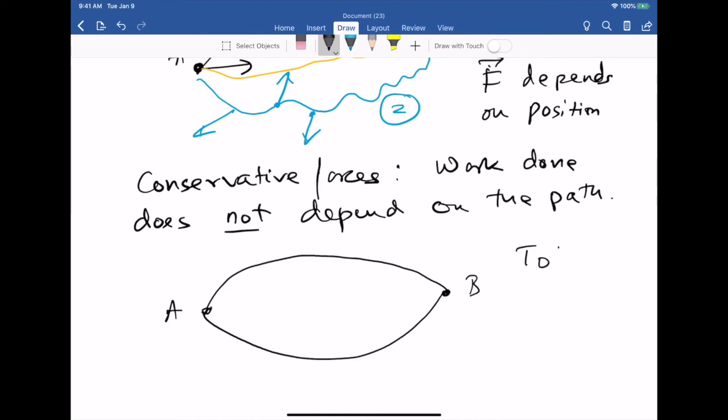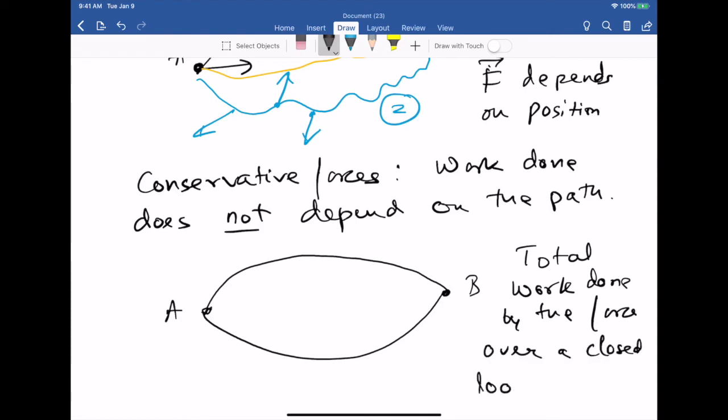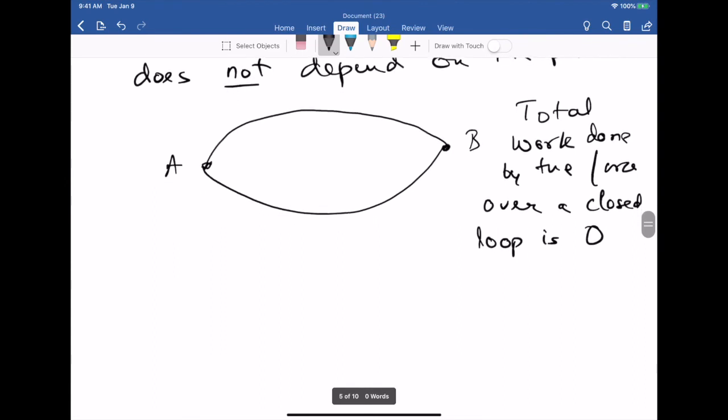So the total work done by the force over a closed loop is 0. That is the definition of a conservative force. That's an alternative definition of the conservative force. You can prove that both of these definitions are identical. We are not going to get into the proof. So that is a conservative force.